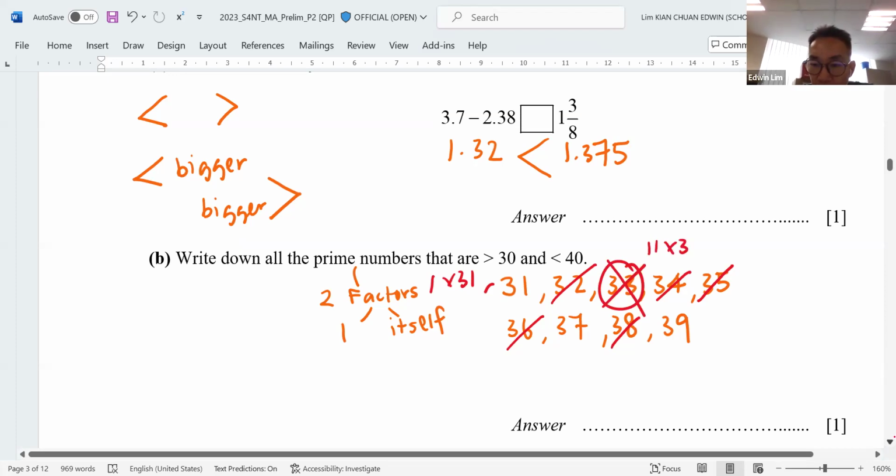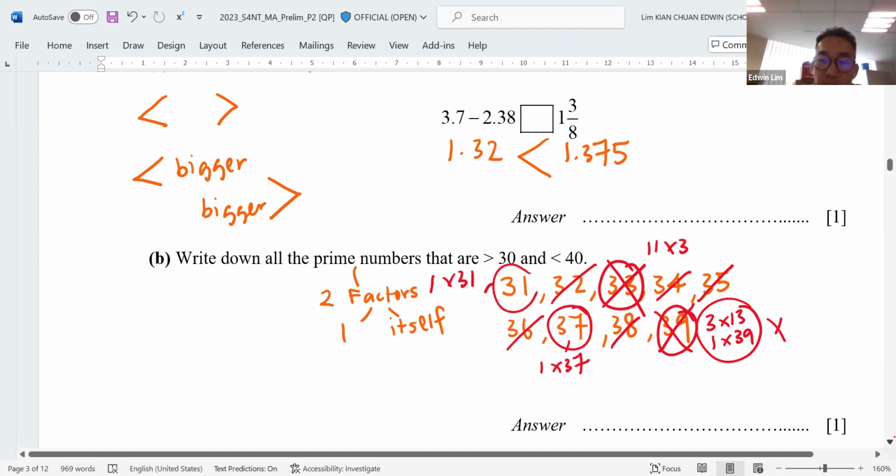Next, I look at 39. 39, it can be 3 times 13. So this is not a prime number. And lastly, 37. 37 is 1 times 37. So our answer will be 31 and 37.